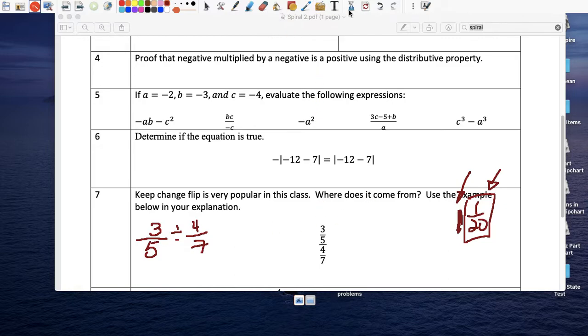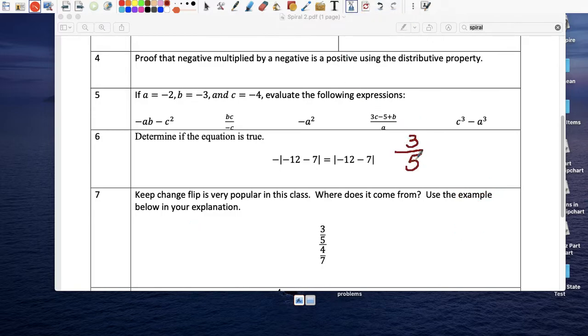So, let me show you this as if you were in my 6th grade class and divided by 4/7. One way to really see that is to change both fractions so they have common denominators. So the 5, I'm going to take it to 35. The common denominator is 35. The equivalent fraction of 3/5 in 35ths: I multiply the bottom by 7 and the top by 7, so I get 21.